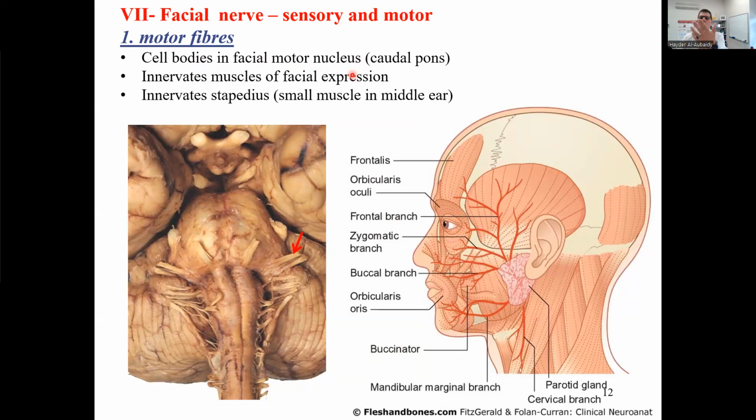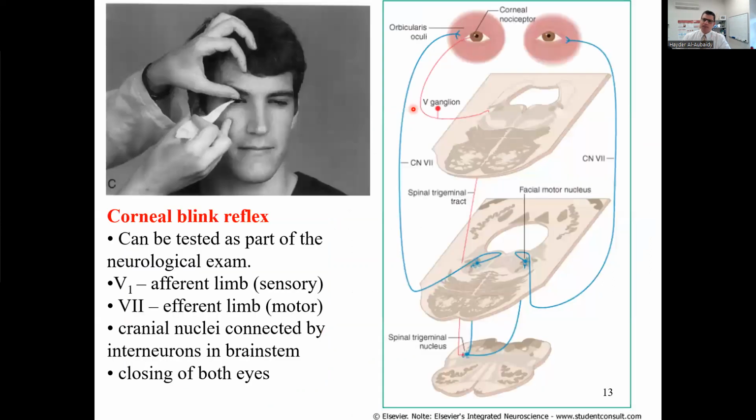I'll explain later on why we've got two. In addition, the facial nerve innervates the stapedius muscle, via a smaller branch of the facial nerve once it exits the facial canal, passing through the tympanic region.